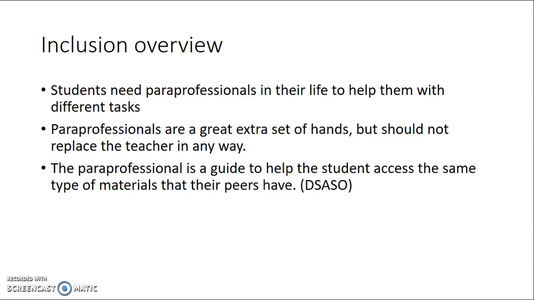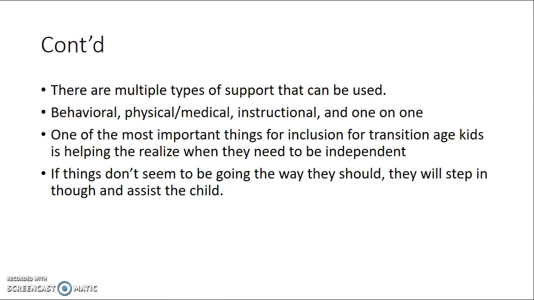But this is just the first section, and then continuing on, we see that there are multiple types of support that can be used. There's behavioral, physical, medical, instructional, and one-on-one. One of the most important things for inclusion for transition age kids is helping them realize when they need to be independent.